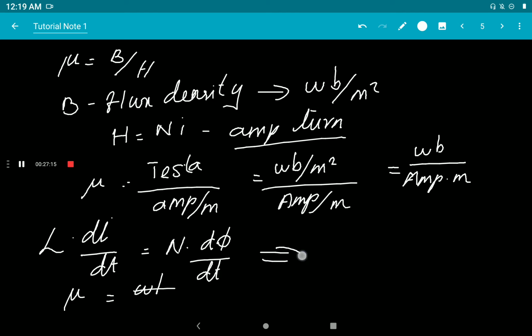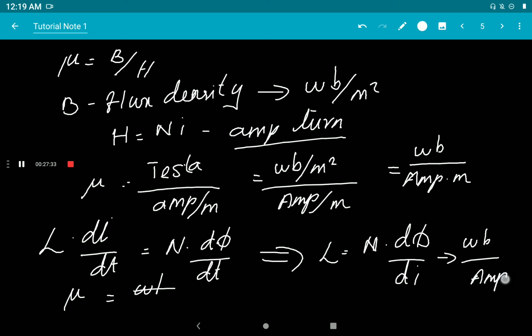From this equation, L is equal to N into d phi by di, which is Weber per ampere. So we already know that the unit of inductance is Henry. So Henry per meter is the unit of permeability.